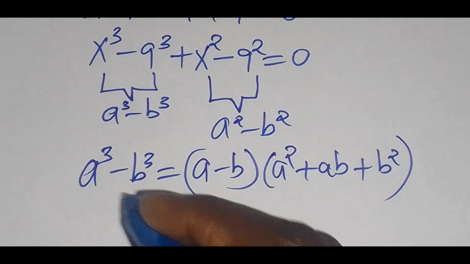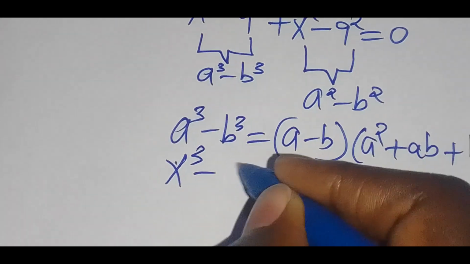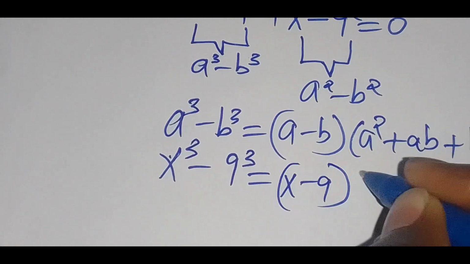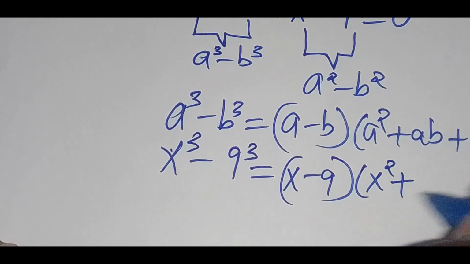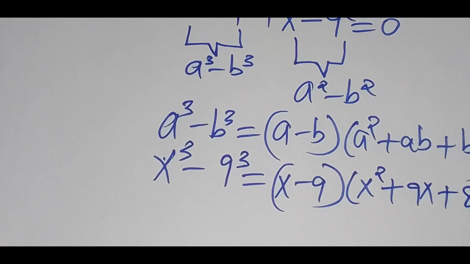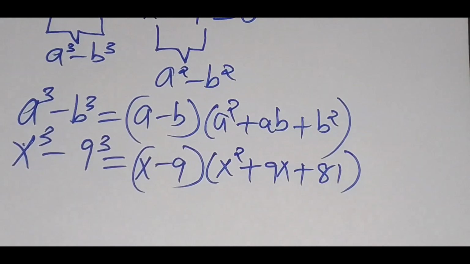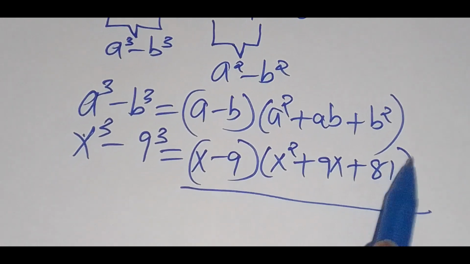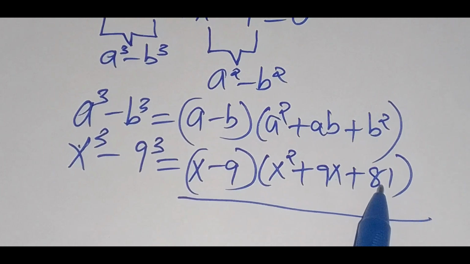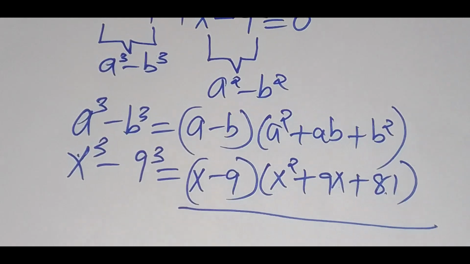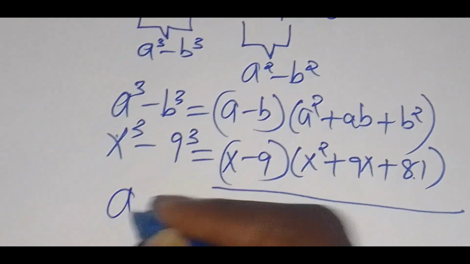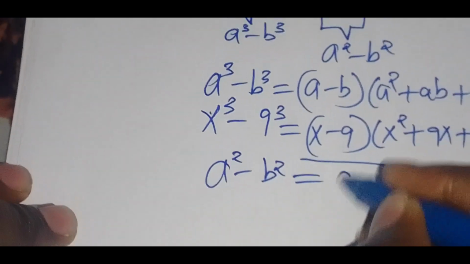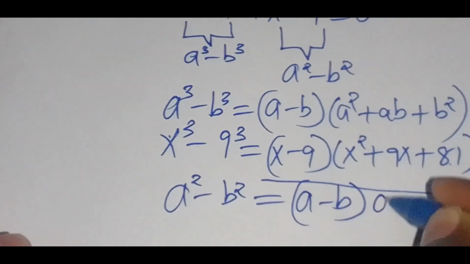Now x cubed minus 9 cubed gives us x minus 9 times x squared plus 9x plus 81. For the second part, we have the difference of two squares: a squared minus b squared is equal to a minus b times a plus b.